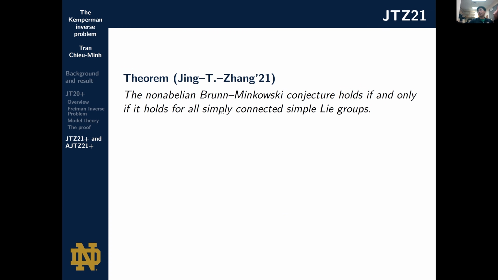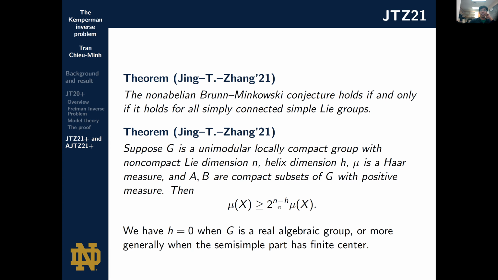For example, in all the cases of matrix groups, the defect is 0. The real thing happening behind is that if you look at the semisimple part of a matrix group, it has finite center, and in the case of finite center, h would be equal to 0. So for matrix groups, we obtain the full conjecture.